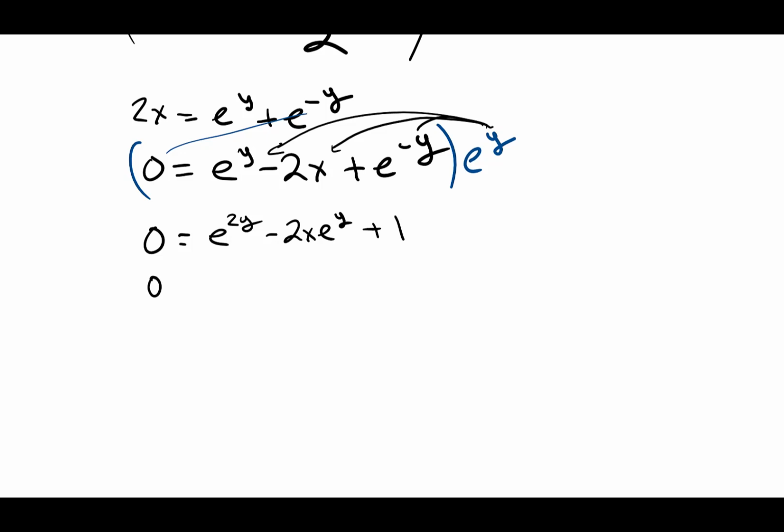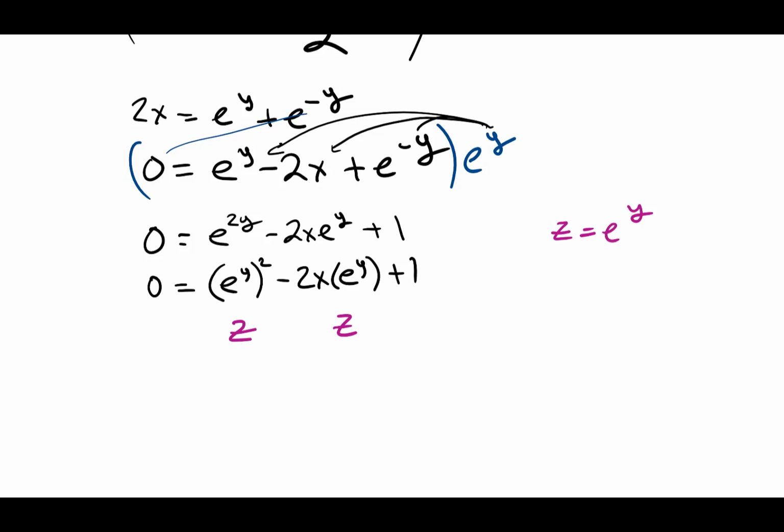Allow me to write this a little bit differently. We have the same sort of trick that we had in a previous problem. Let's just for a moment, instead of calling it e to the y, let's call it z. Let's let z equal e to the y, just so possibly we can see what's going on here. So we have z squared minus 2x times z plus 1.